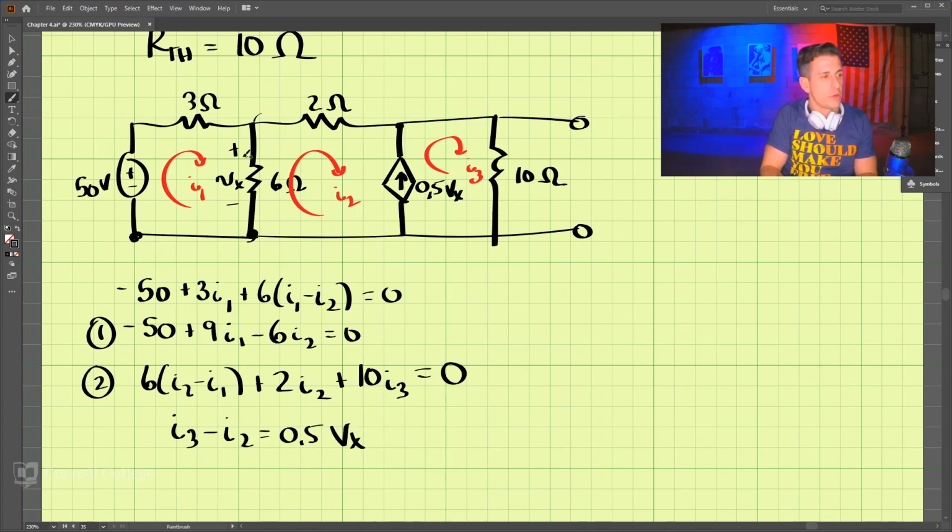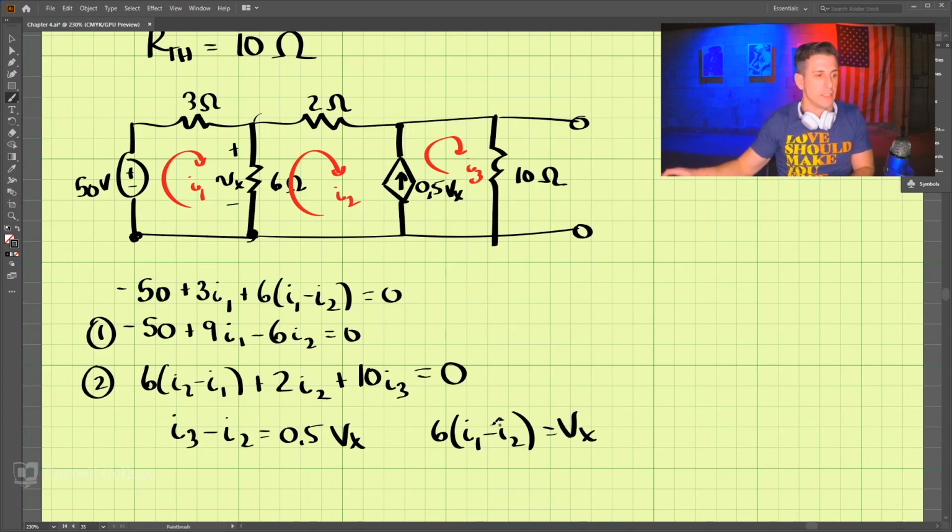And we have another equation here, which is 6 times I1 minus I2 is equal to Vx.